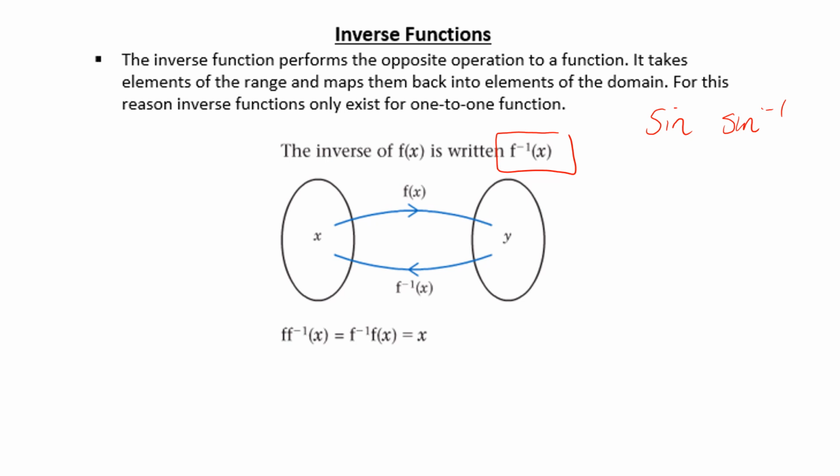And then the last bit on this slide, f^-1(f(x)) equals x. So what this is saying is that if we take two functions and we put them together, remember that's called a composite function. We looked at things like fg and gf last lesson.